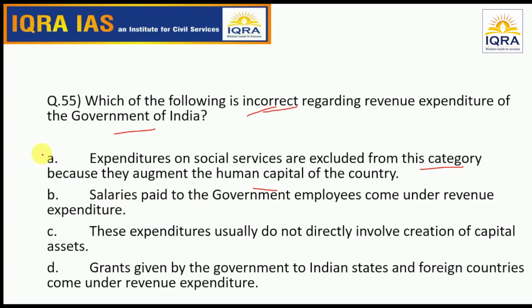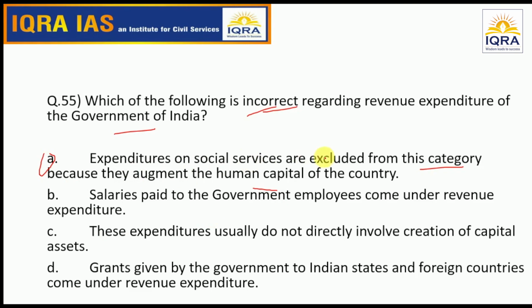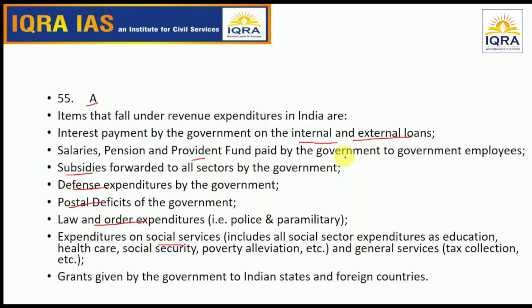So this is probably incorrect. Let's see. That is interest payment by the government on internal and external loan. This is your revenue expenditure: salaries, pension, provident fund, subsidies, defense expenditure, postal deficits, law and order expenditure, expenditure on social services. So expenditures on social services are not excluded, rather they are included, and so the correct answer is A.